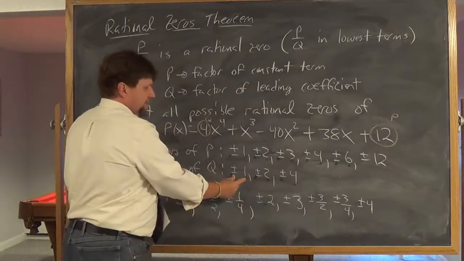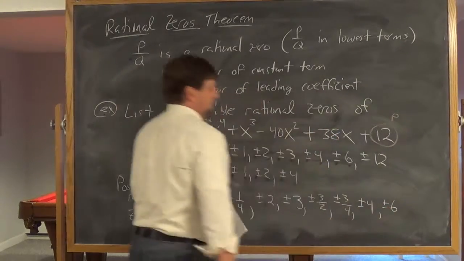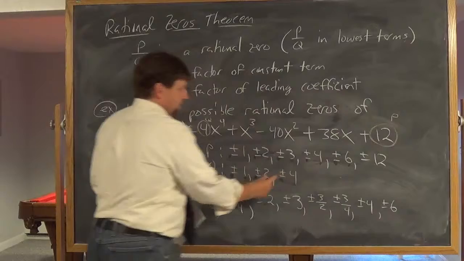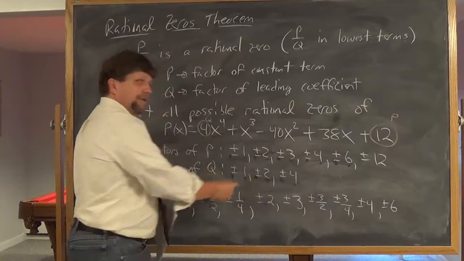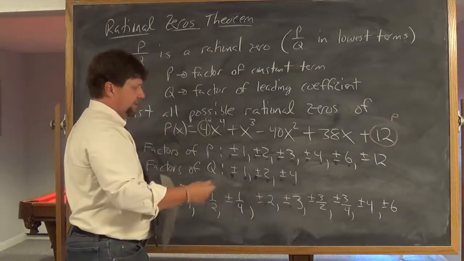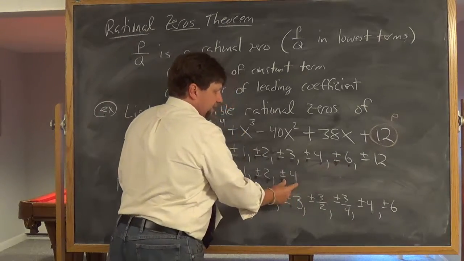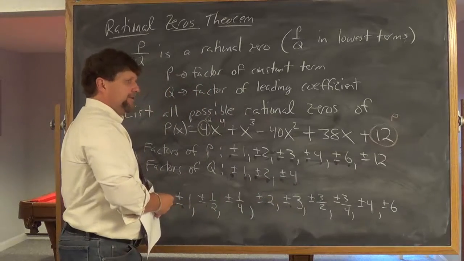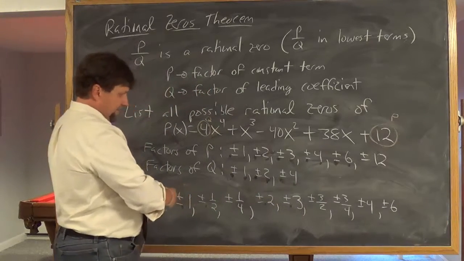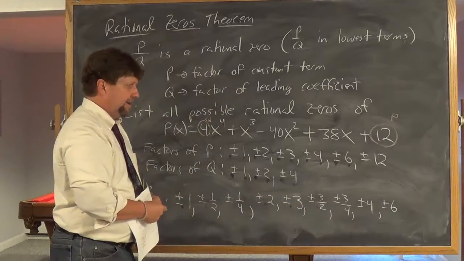Plus or minus 6 over plus or minus 1 is plus or minus 6. Plus or minus 6 over plus or minus 2 reduces to plus or minus 3, which I already have. Plus or minus 6 over plus or minus 4 reduces to plus or minus 3/2, which I already have listed.